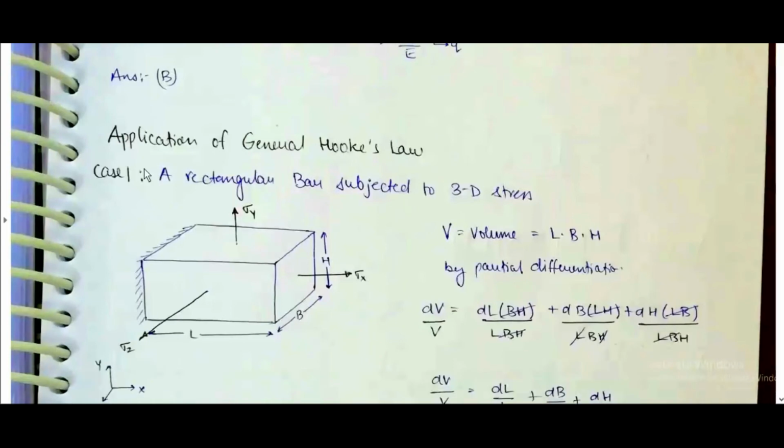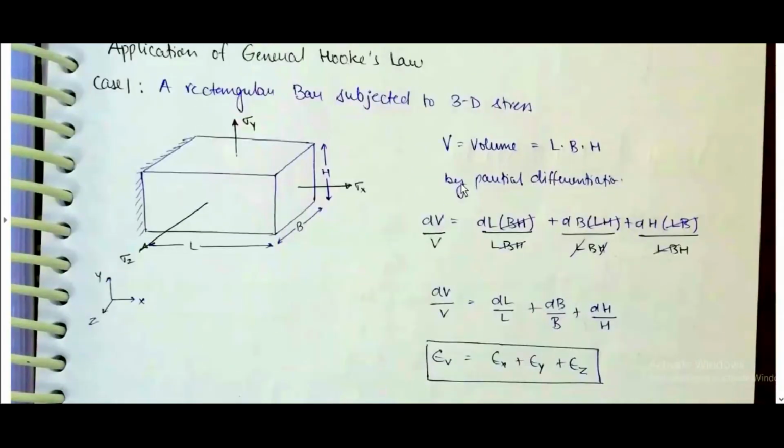Application of general Hooke's law. Case 1, rectangular bar subjected to 3D stress. V is equal to volume is equal to LBH. By partial differentiation, dV by V is equal to dL by L plus dB by B plus dH by H. If we differentiate by partial differentiation like this and divide by volume, we will get this.